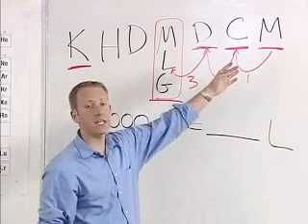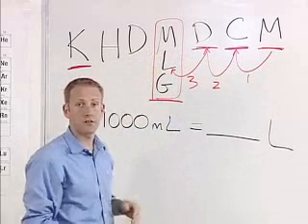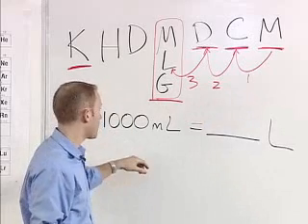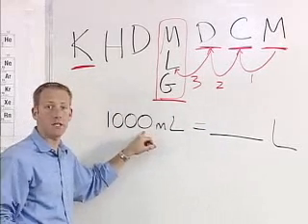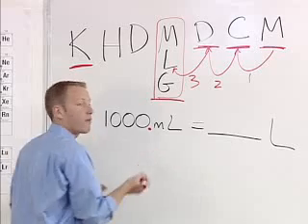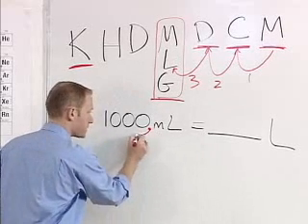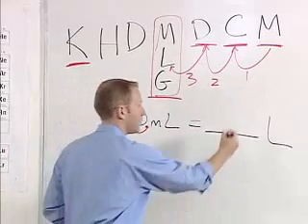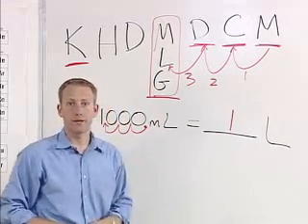That's going from milliliters to liters. And if you move three places to the left, you do the same thing here. Where's the decimal point on 1,000 milliliters? The decimal point is at the end because it's a regular number. You move three spaces to the left, 1, 2, 3, and you get 1 liter.